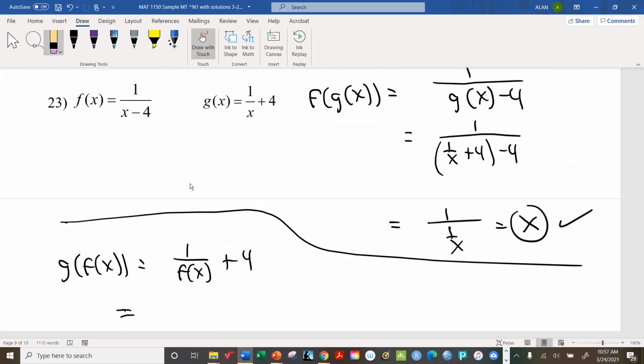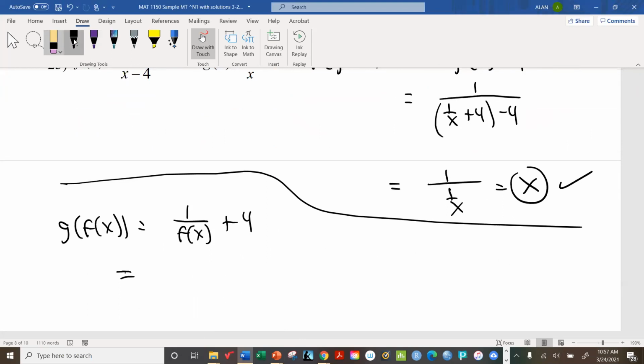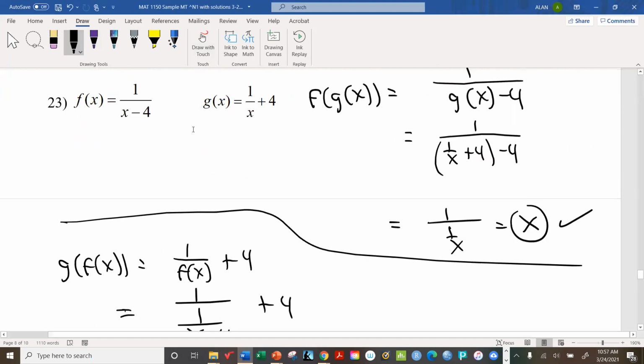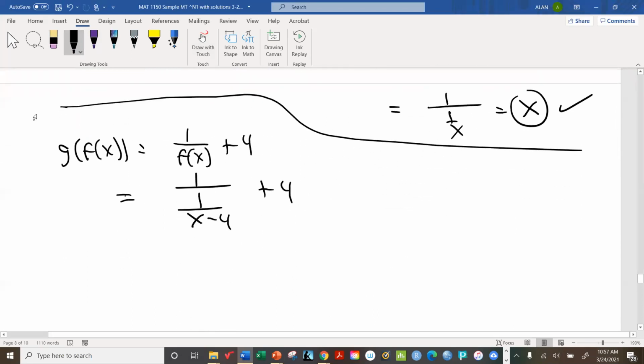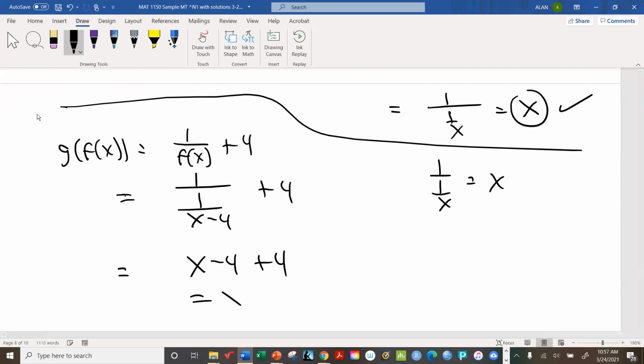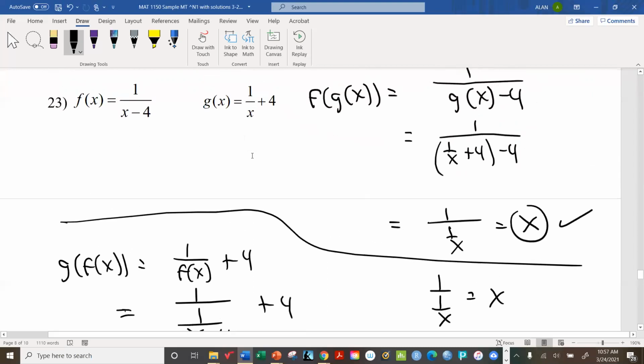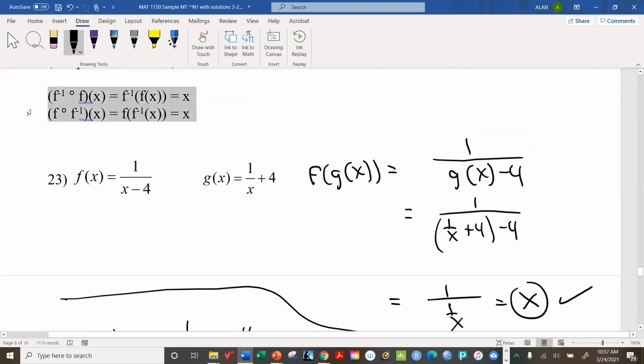When I did this, I did it incorrectly. This should have been 1 over 1 over x minus 4. Now we're getting somewhere, because f of x itself was 1 over x minus 4. It's an easy thing to screw up. Now, this ratio, 1 over 1 over x, is just equal to x. So therefore, this is x minus 4 plus 4 equals x. So we've proven both halves of the requirement to show whether or not these two functions are inverses.